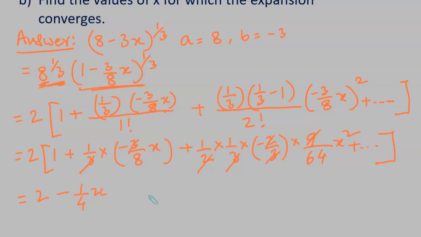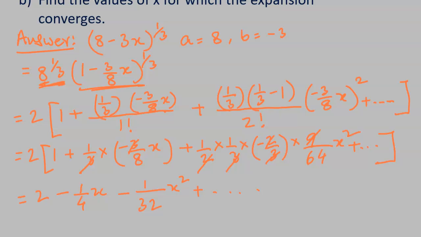So it will be negative. And this is 2 in the numerator, this is 64 in the denominator, so numerator is 1, and it is 32 in the denominator. 1 over 32 x square, okay? And of course, it is an infinite series. We have given only the first 3 terms, okay?